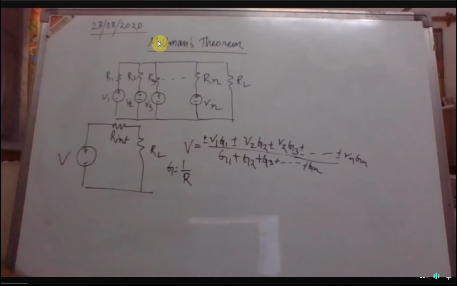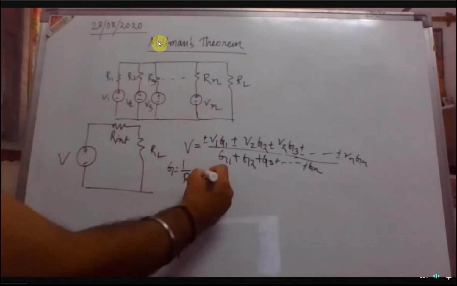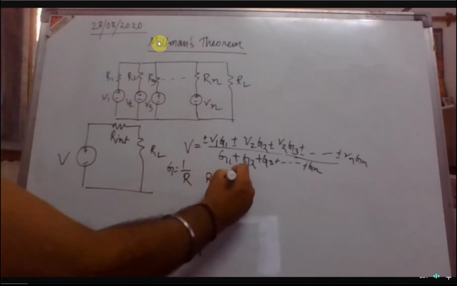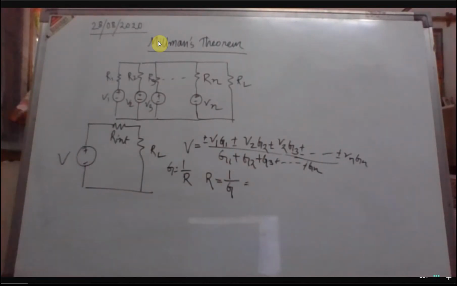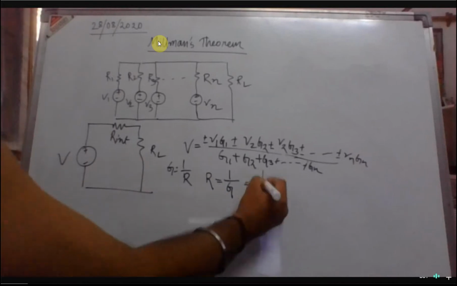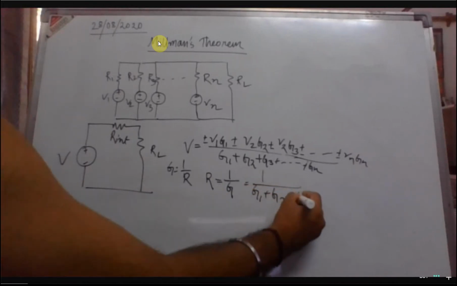So this is the formula, and from here we can find the value. The equivalent resistance R will be equal to 1 by G, that is, 1 by G1 plus G2 plus G3.